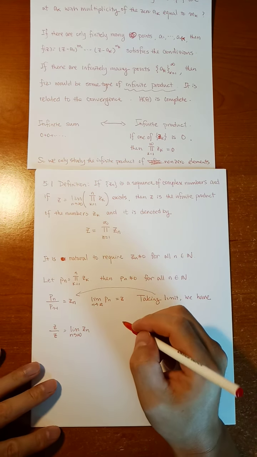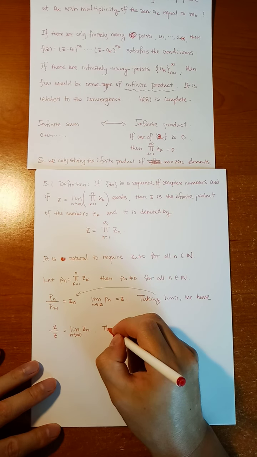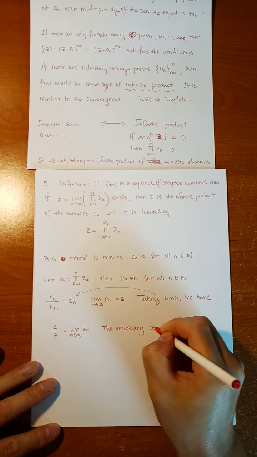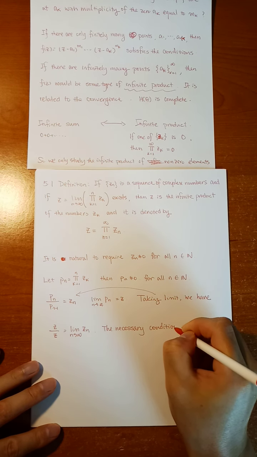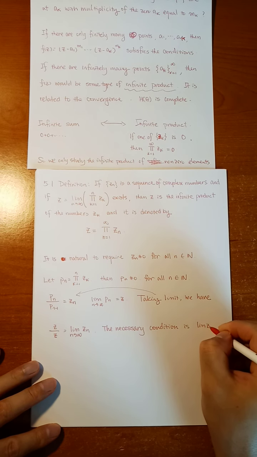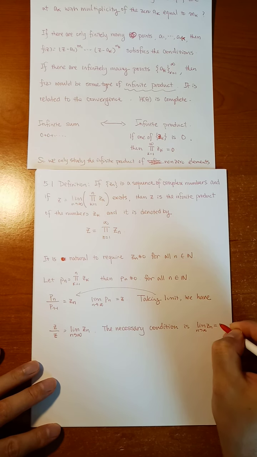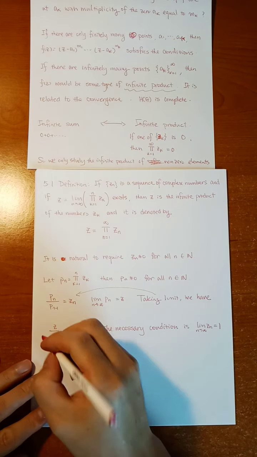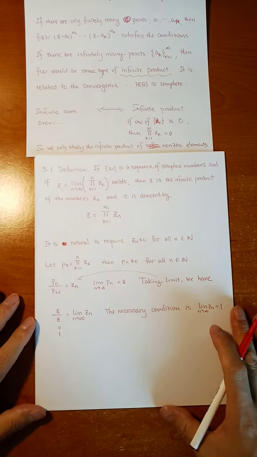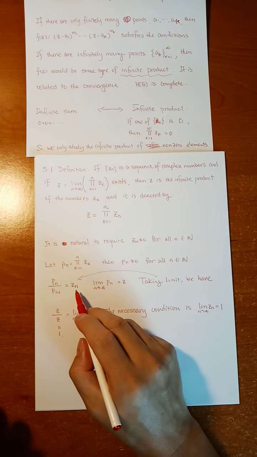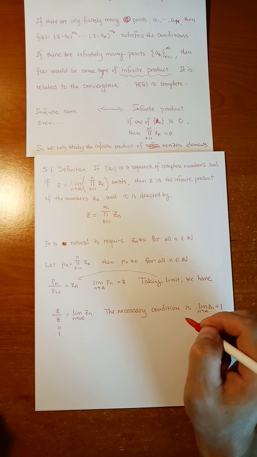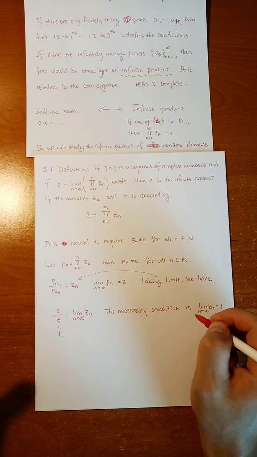We get the necessary condition: the limit of Zn as n approaches infinity is equal to 1. It has to be 1. If you have a convergent infinite product, then the general term Zn must converge to 1.